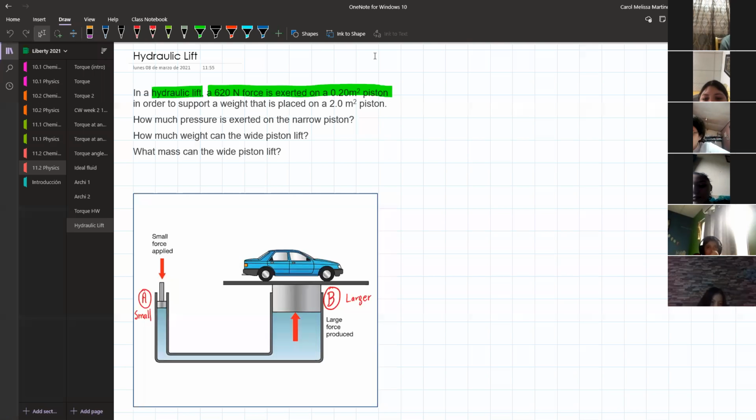So what piston do you think this is, piston A or piston B? Piston A, so I'm going to put that information over here: 0.2 square meters, this is the area of side A.